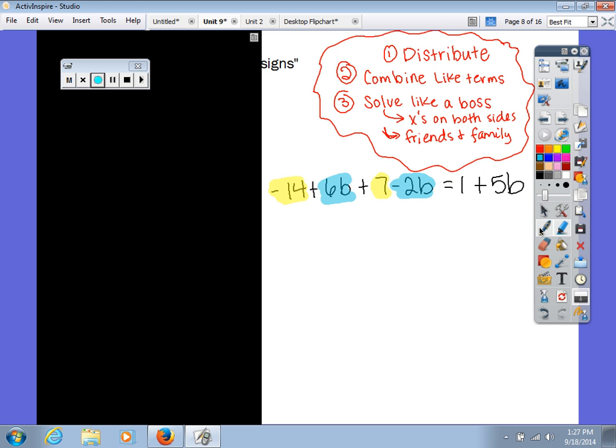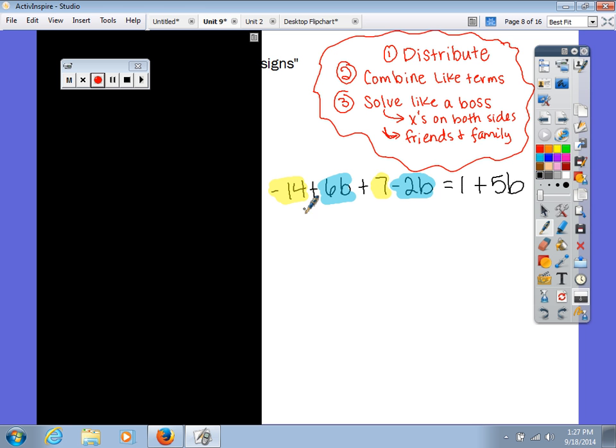Now, another thing that we said, we said that like terms like to keep the same signs. So, since like terms like to stay the same, I'm not going to say plus 14, because I'm not moving it and I'm not changing sides of my equation.